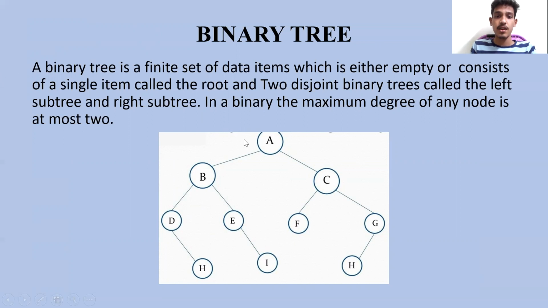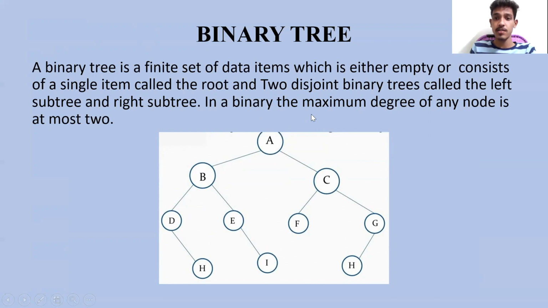So here A is the root node and A has a left child B and a right child C, and B itself has left and right children D and E, and C has F and G as left and right children. So B is the left subtree of A and C is the right subtree of A. So this makes this a binary tree.